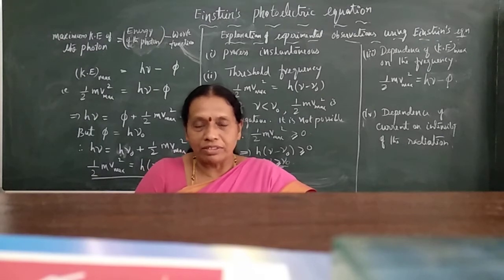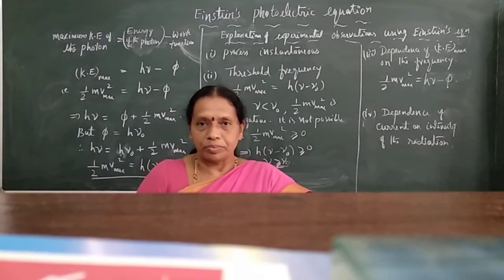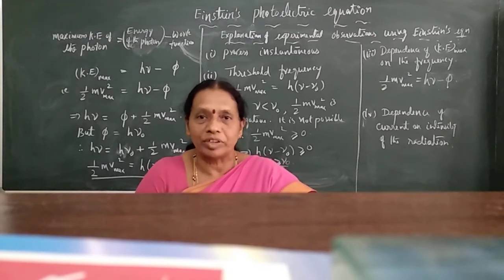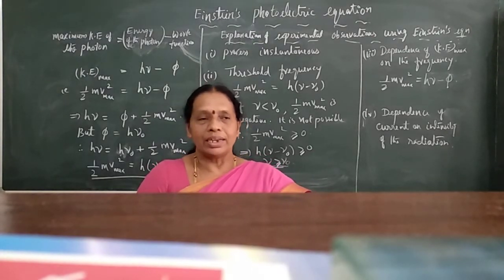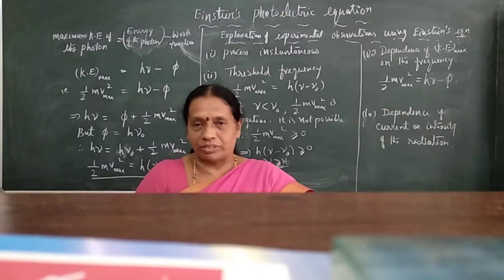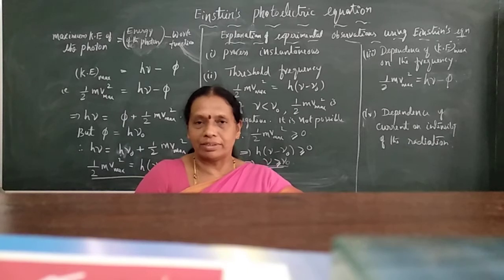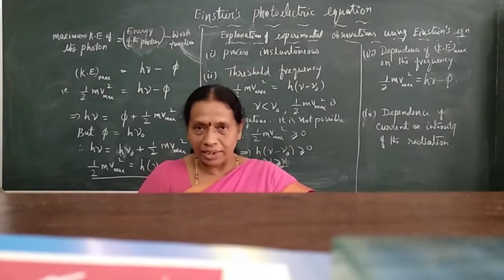Whenever a radiation is incident on the metal surface, that radiation consists of photons. Each photon carries an amount of energy, h nu. That incident photon transfers its entire energy to the electron in the metal surface. The electron absorbs that energy.